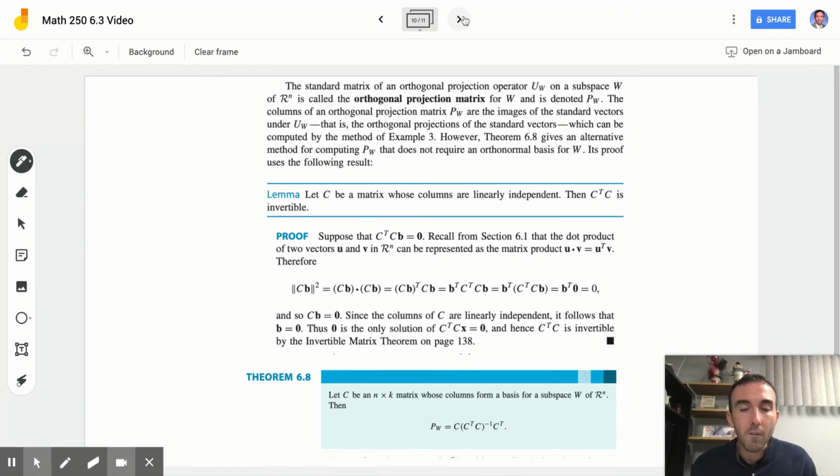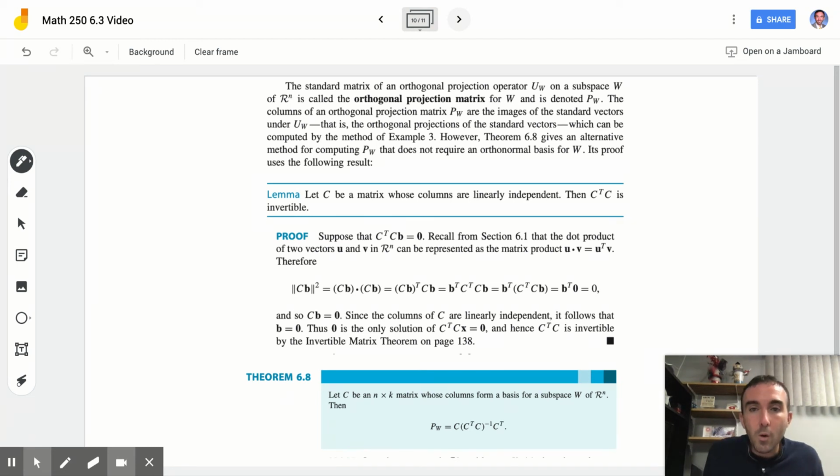The last part of this section is on the orthogonal projection matrix. While we don't cover linear transforms directly in this course, some of the verbiage does slide in to this part, but I think it's important because as we move into the next section with least squares and coming up with the line of best fit and the parabola of best fit, you're going to see this notation and concept.